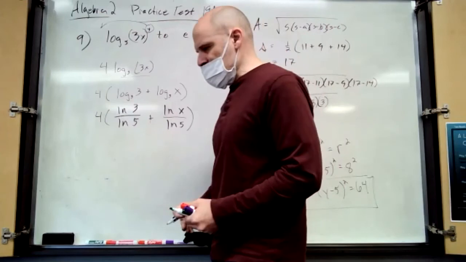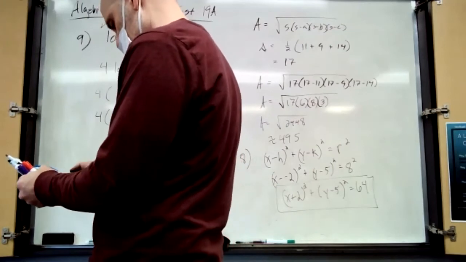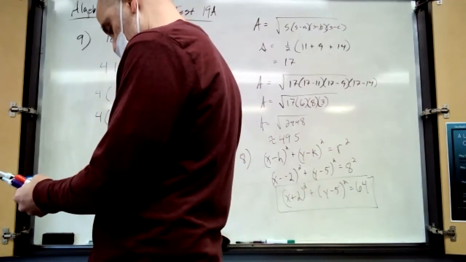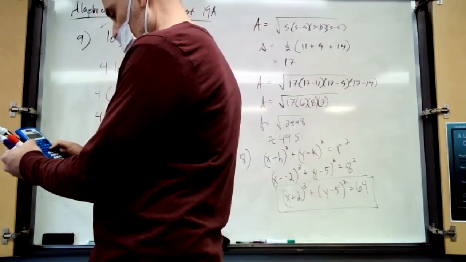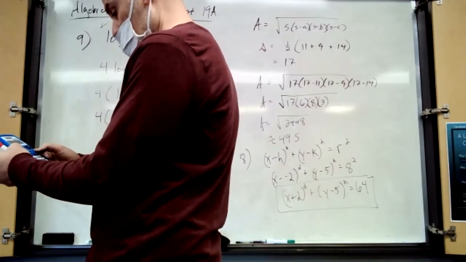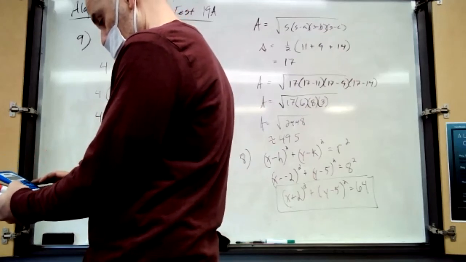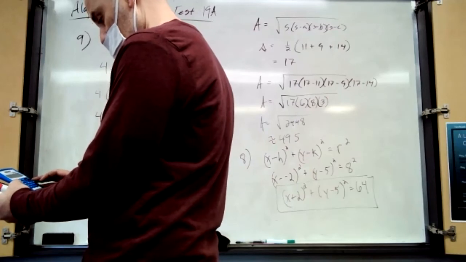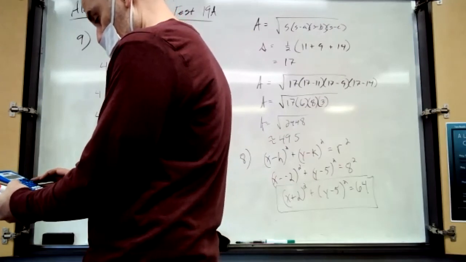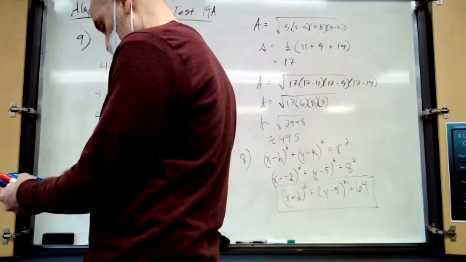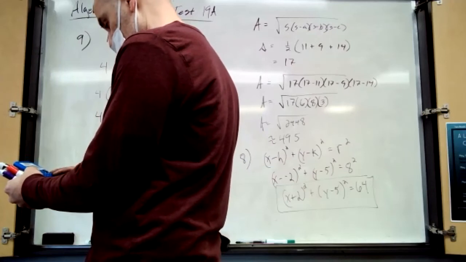So if you evaluate this, now we can with our natural log. I'm going to do everything in parentheses: 4 times another parenthesis, natural log of 3 divided by natural log of 5, close parenthesis.